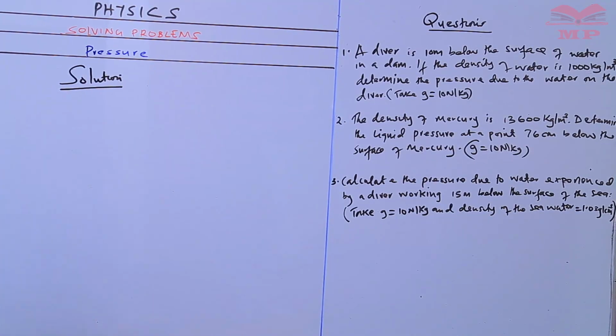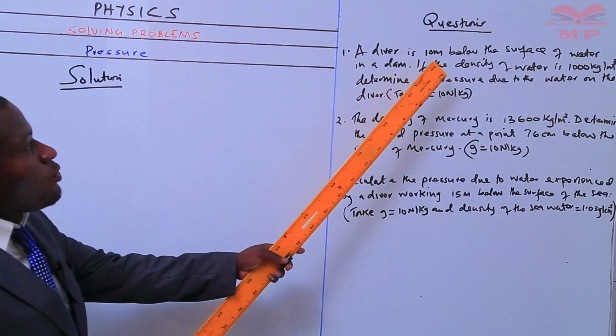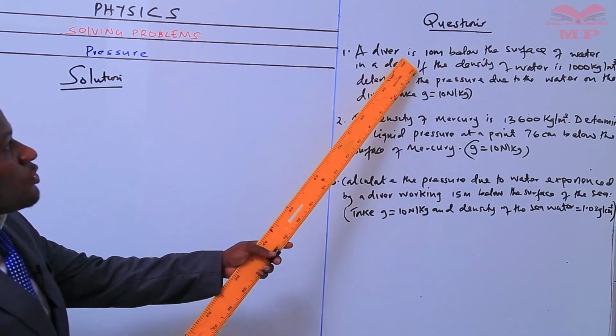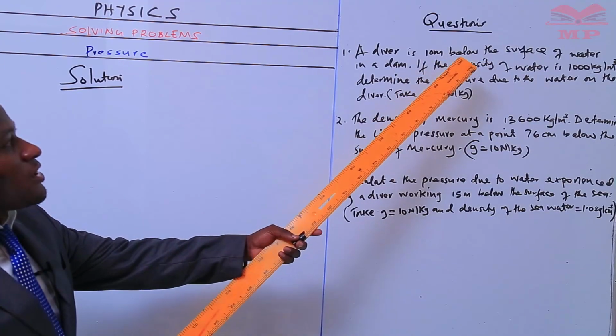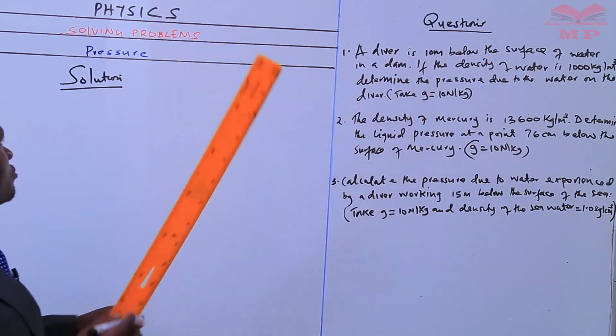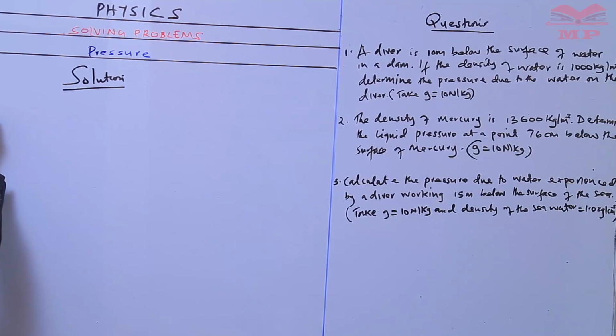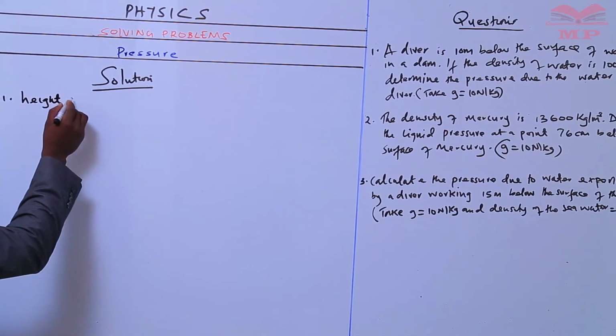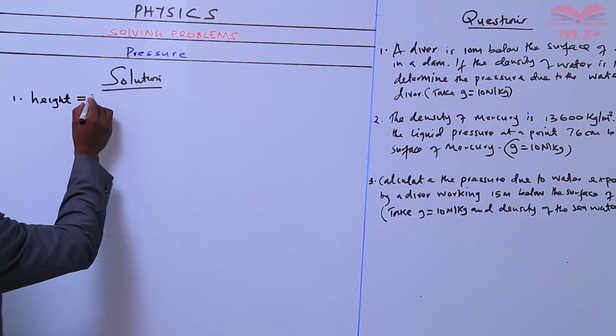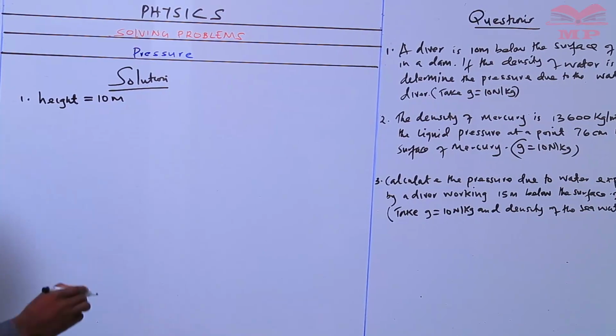First of all, you must list what you have been given. From the question, we have 10 meters below the surface of water in a dam. So for question 1, height is given by 10 meters.